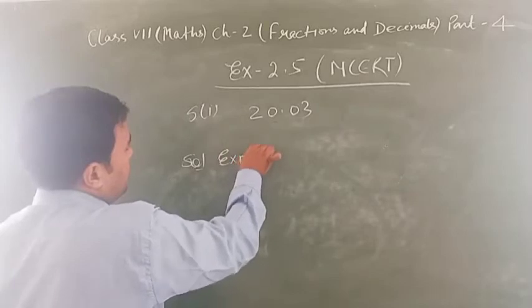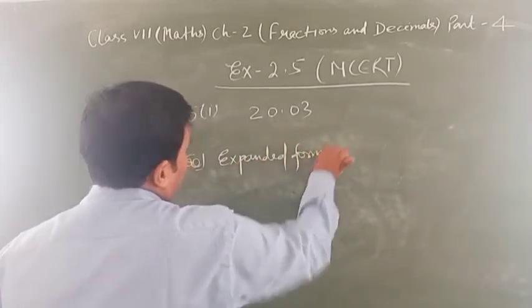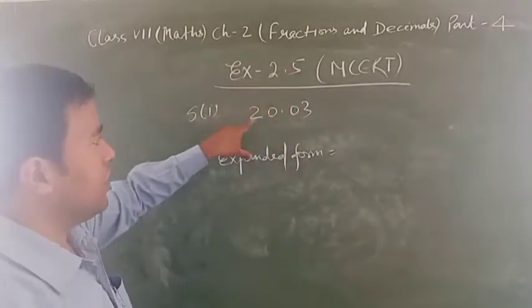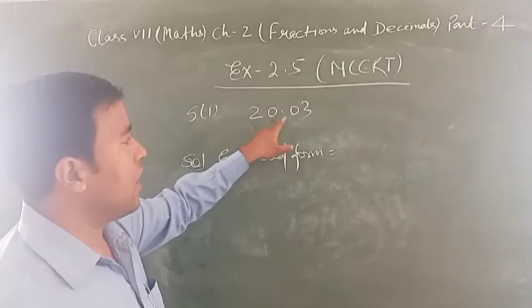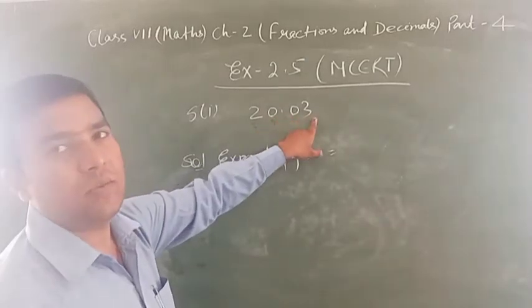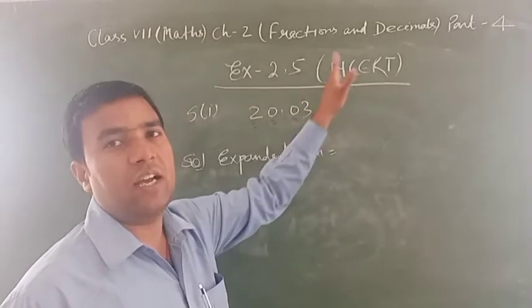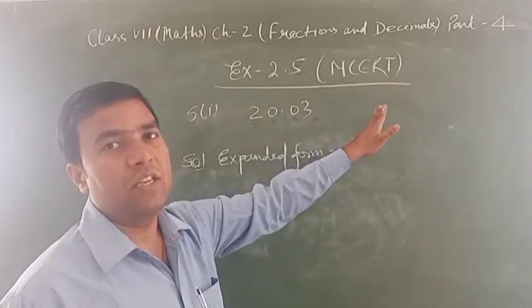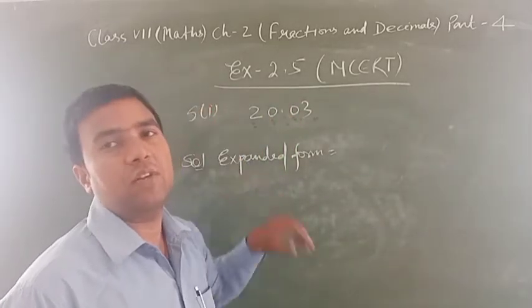Expanded form means you see which digit stands in which place. In 20, the 1s place is there, and after the decimal, 0 and 3 are given. After the decimal you read tenths, hundredths, thousandths, and before the decimal 1s, 10s, 100s, 1000s, 10,000s.